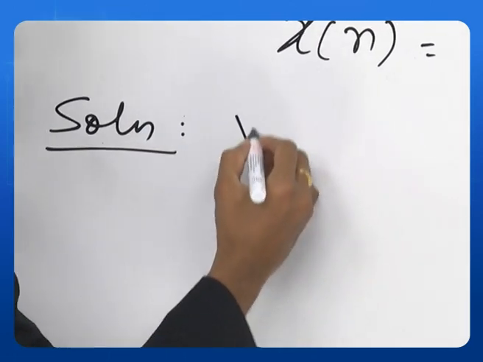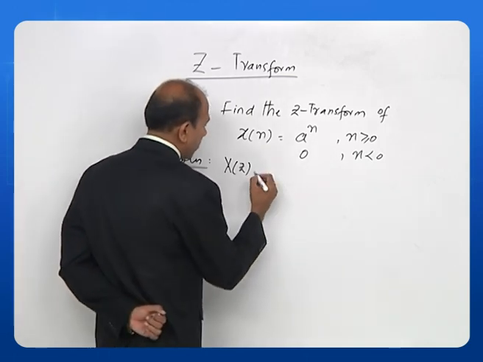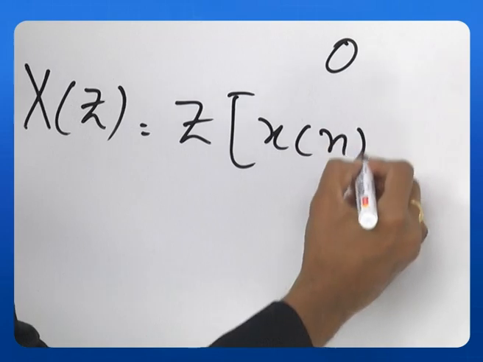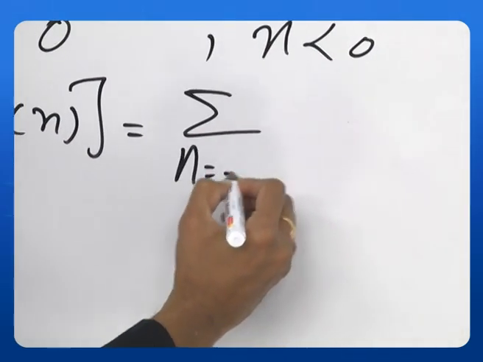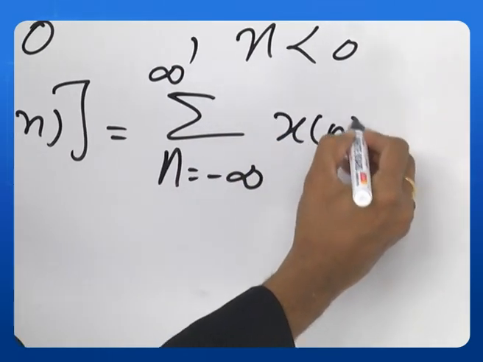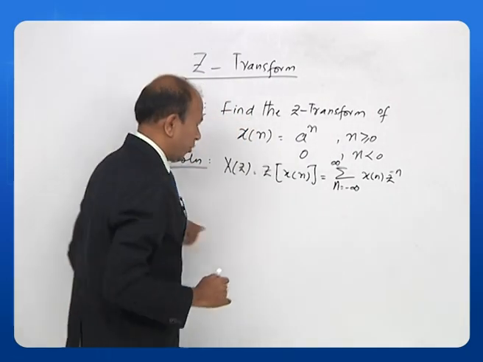Okay, now we have to calculate what is X of z. Okay, X of z is given by the z transform of x of n, that is equal to summation n is equal to minus infinity to plus infinity x of n z to the power of minus n. This is the formula which we know. Okay.